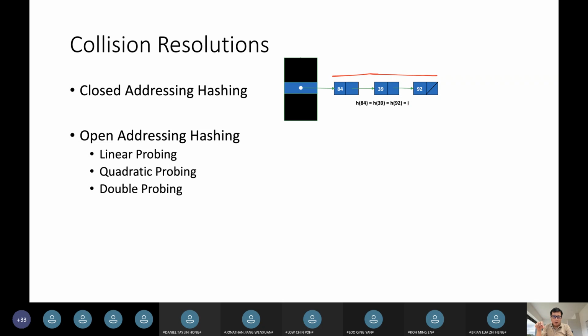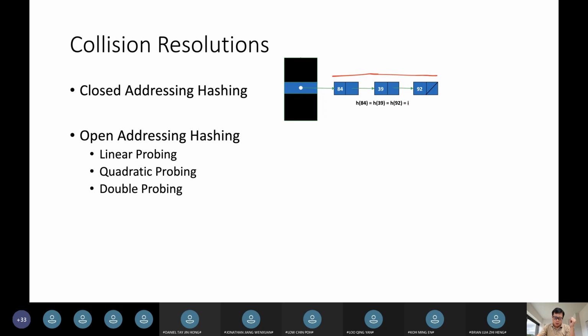So therefore, if there are two keys with the same hash value, then we need to do something to resolve it. For example, we can do linear probing. Linear probing is just like looking at the next slot, right? If there's a collision, we look at the next slot until we find an empty one, then we put the key in. Or we have something like quadratic probing or double hashing.